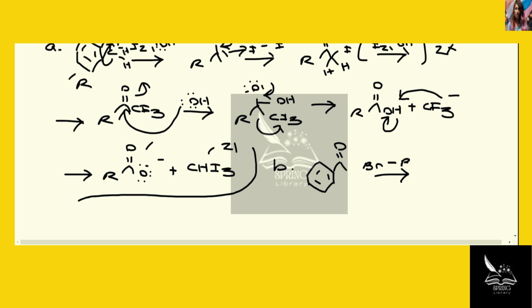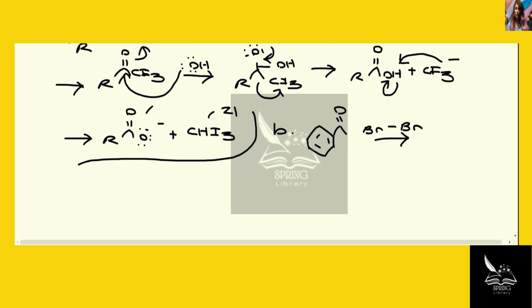conditions. So instead of the base deprotonating the methyl, the oxygen on the carbonyl group is going to grab a proton from an acid. If we use acetic acid, so ethanoic acid, it's going to deprotonate the acid, get the alkoxide ion.